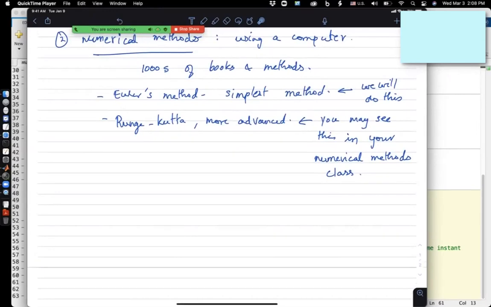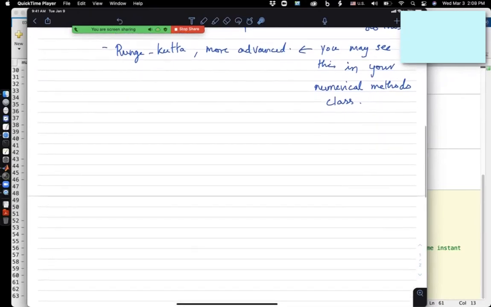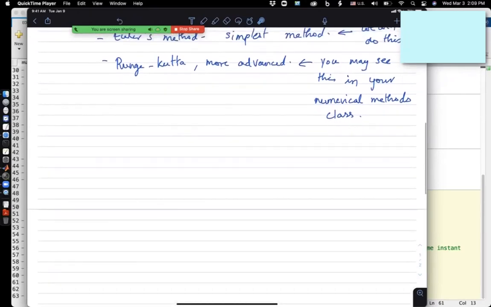If you were forced to solve a differential equation using a computer, probably after a few minutes or a few hours of thinking, you would come up with this method. It's the most intuitive thing. A couple of hundred years ago, no one had thought of this method, so Euler got credit for it, but you could have come up with it, as you will see in a minute.